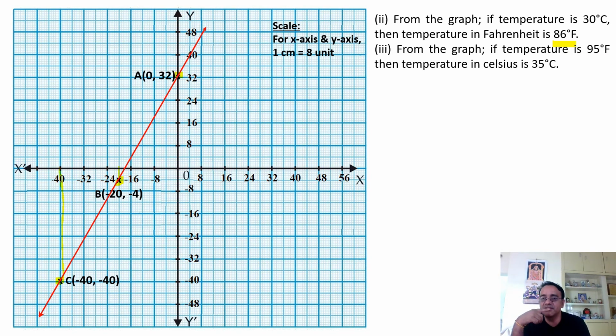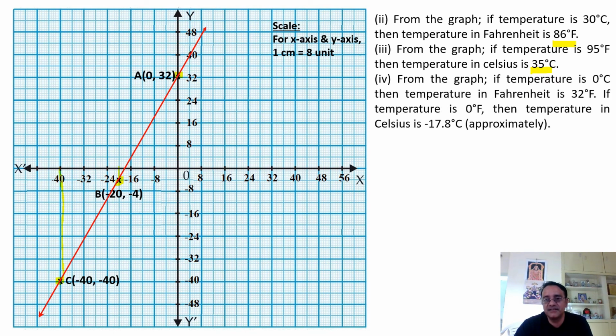Okay, now next, from the graph, if the temperature is 95 Fahrenheit, F is given 95, and then temperature we have to calculate. So if you substitute F in that formula, we'll get C is equal to 35. That is 35 degrees Celsius. Next is, from the graph, if the temperature is 0 degrees Celsius, the Fahrenheit is 32, that is 0, 32.